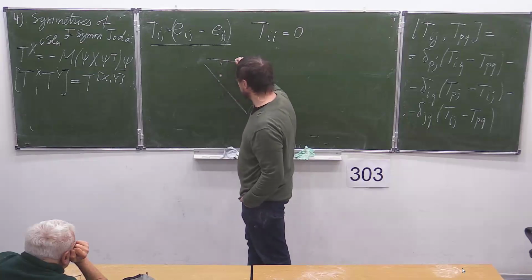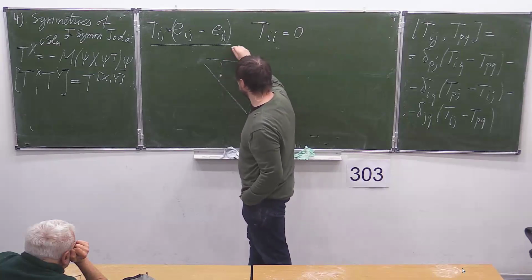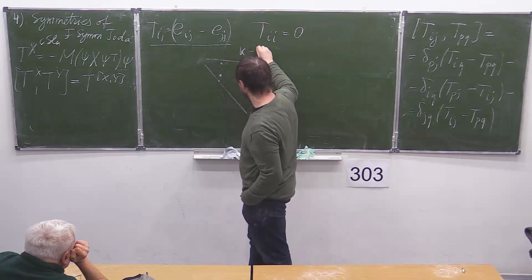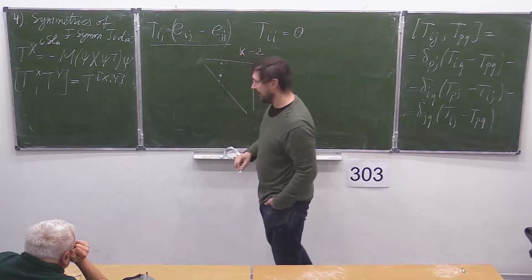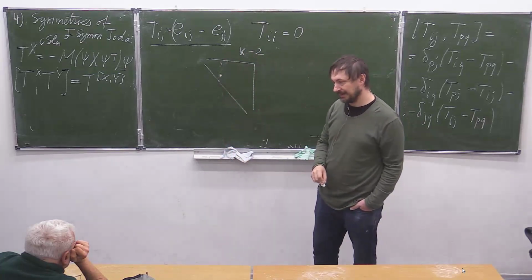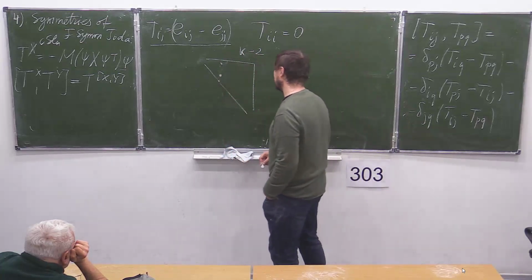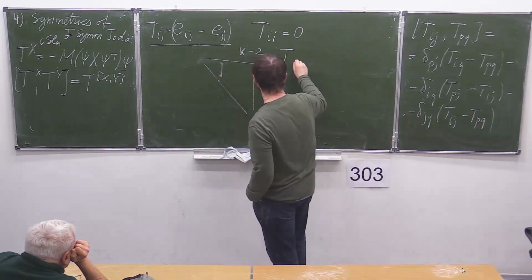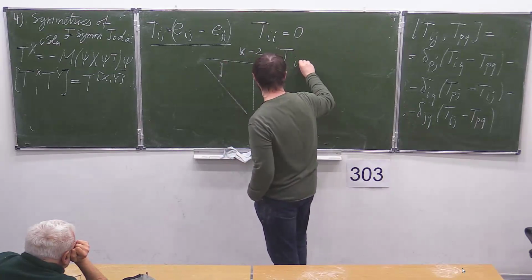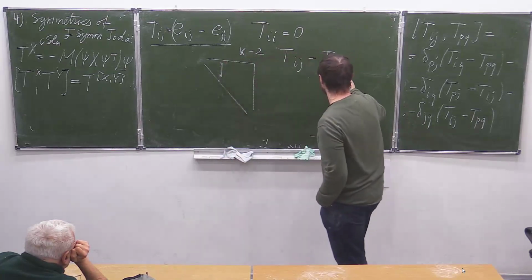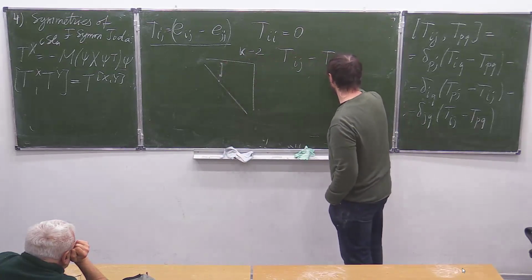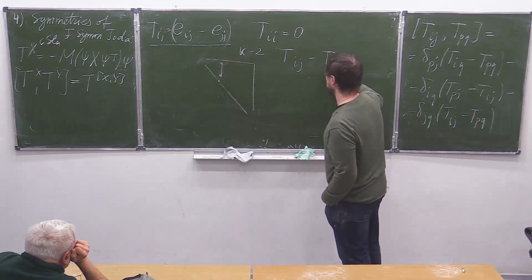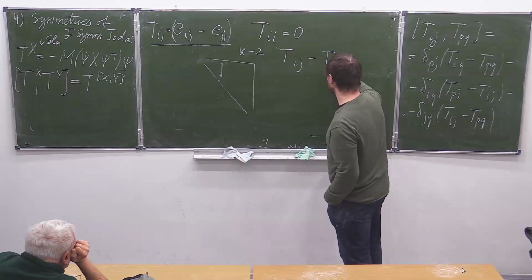So every column will give us, the kth column will give us k minus 2, I think, elements like this. It is easy to see that elements of the form Tij minus T, I think, so i is the number of row and j is the number of column, right?